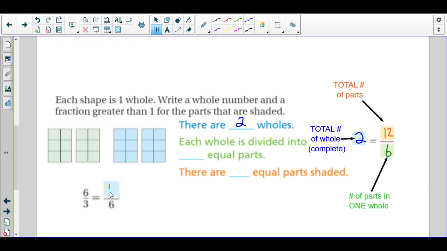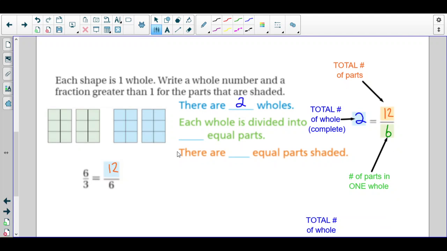So right here would be the 12. But we can even take a closer look at it and say when we went from 3 to 6, we got larger. Okay, so we multiplied. 3 times what number gives me 6? That's 2. So 6 times 2 gives me 12.